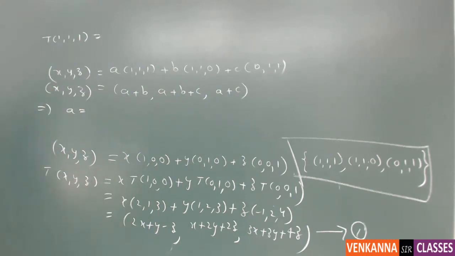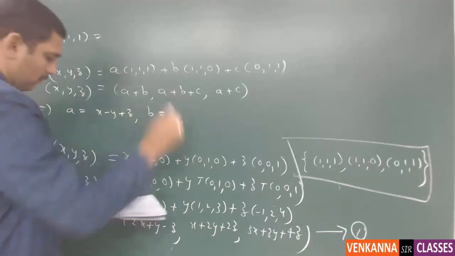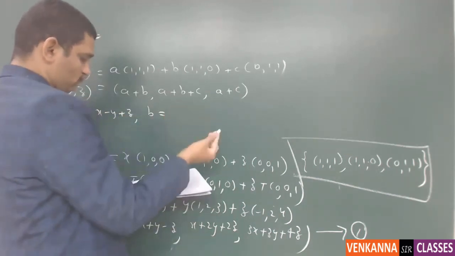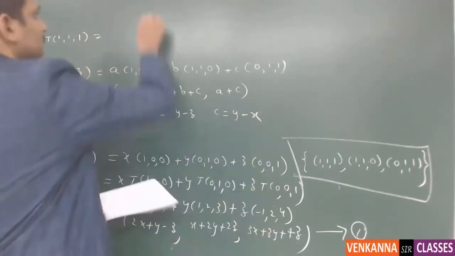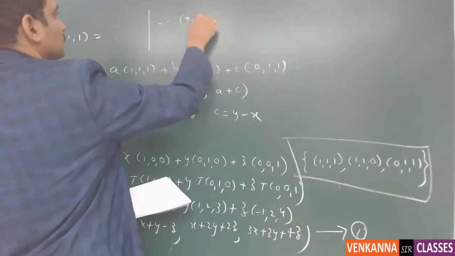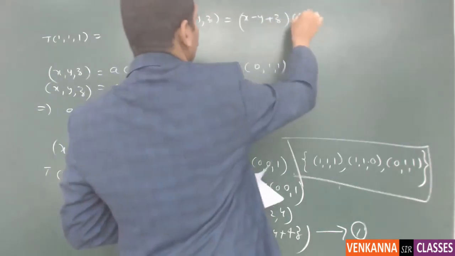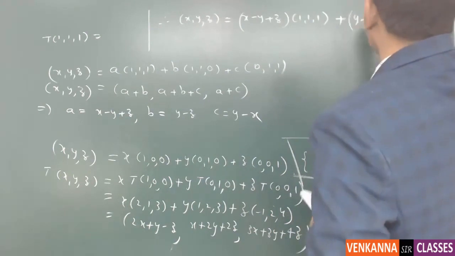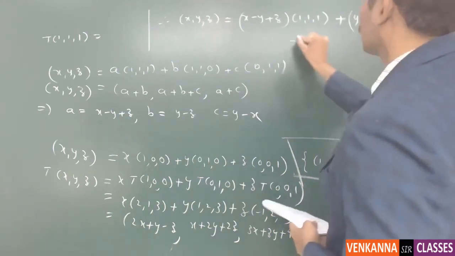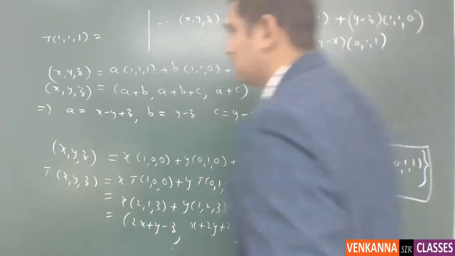So I will say, on simplifying, you will get A is equal to x minus y plus z, B is equal to y minus z, and C is equal to y minus x. You can check for that.